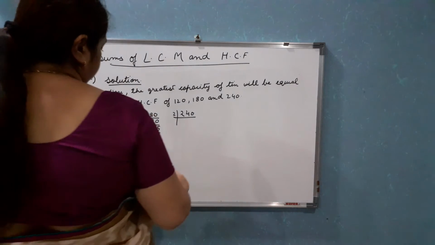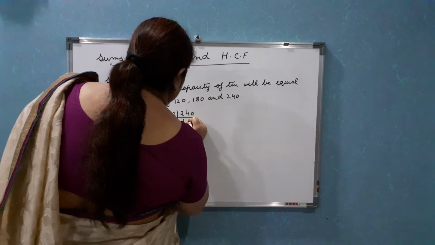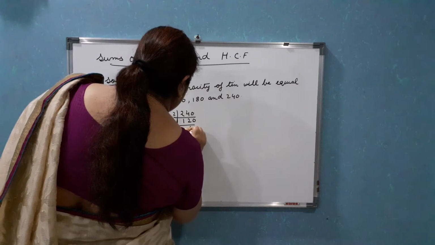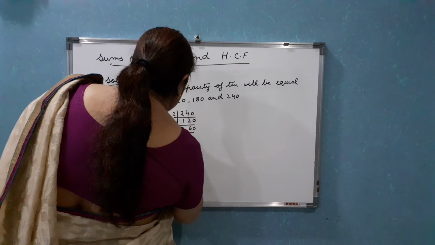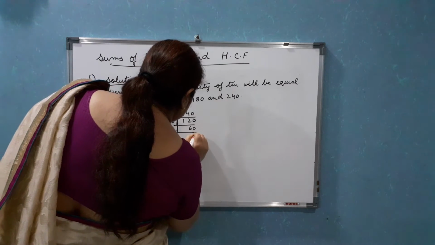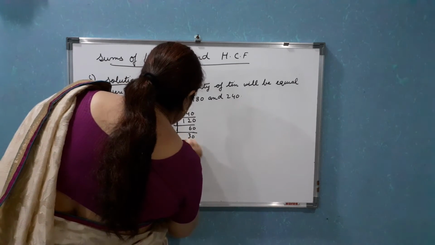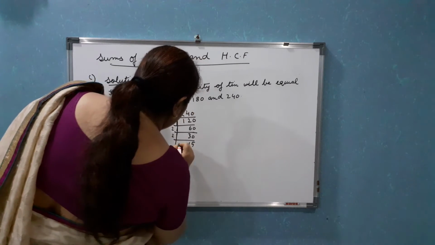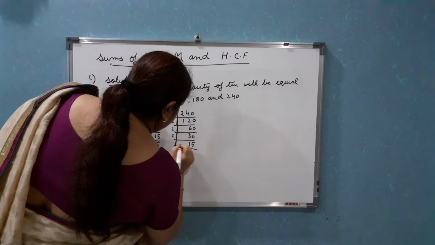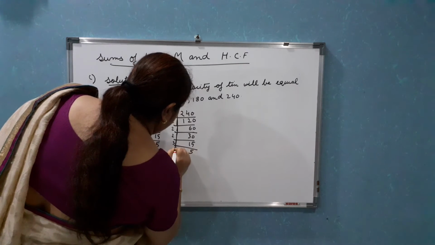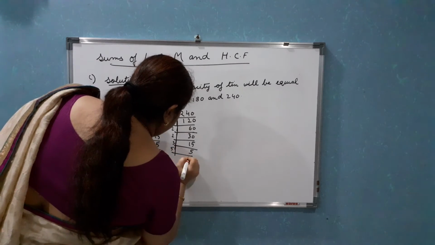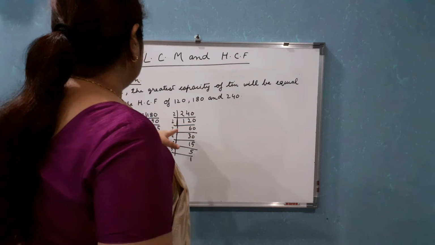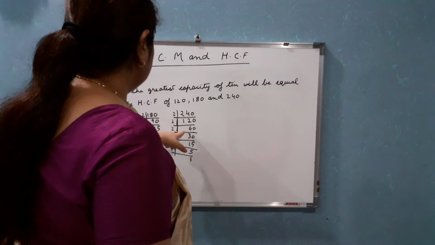2 6 are 12. 2 30 60. 2 15 is a 30. 3 5, 5 1. 2 12 is a 24. 2 6 are 12.